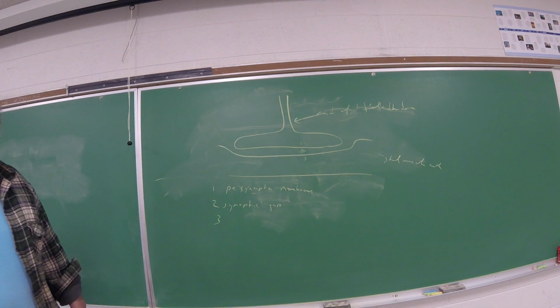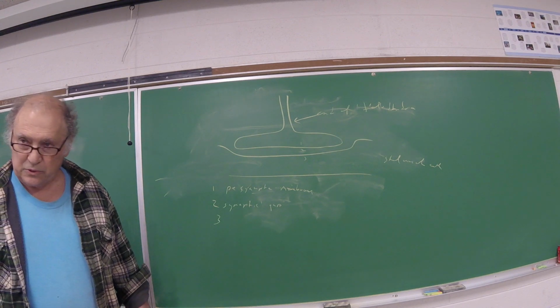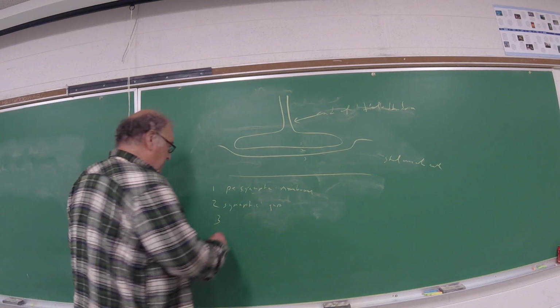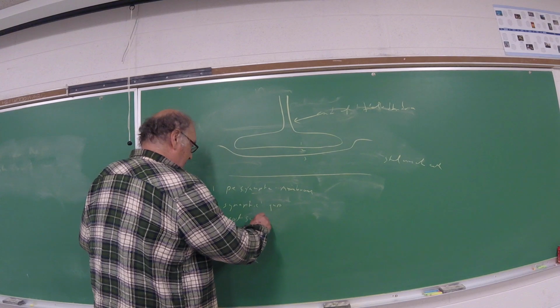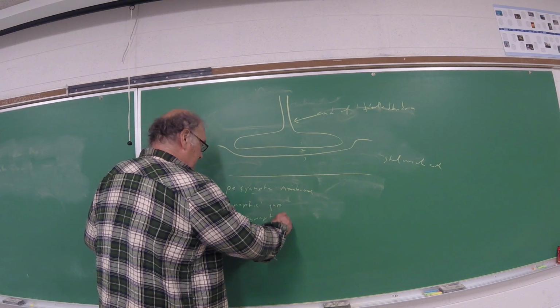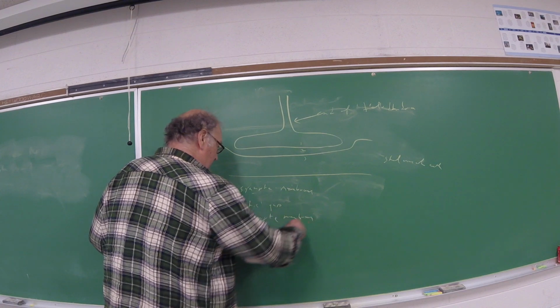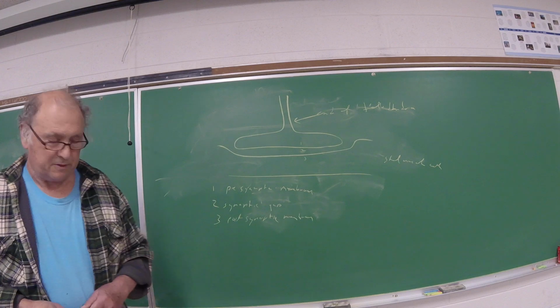I bet you can guess what the one below it is, though. Pre versus post. Number 3 right here is a postsynaptic membrane. P-O-S-T-S-Y-N-A-P-T-I-C membrane. Postsynaptic membrane. Well, that's the synapse.